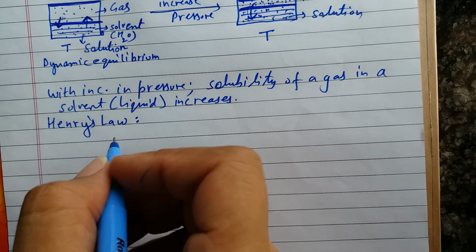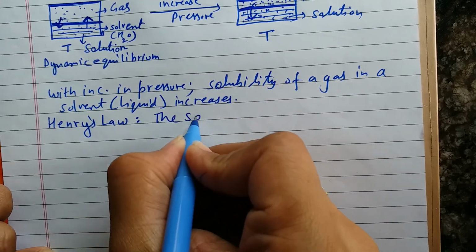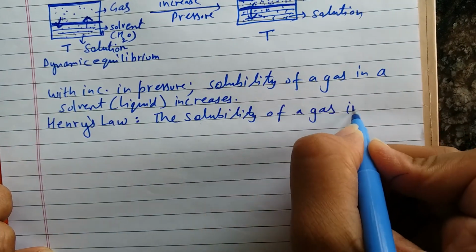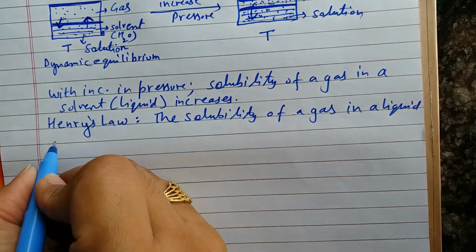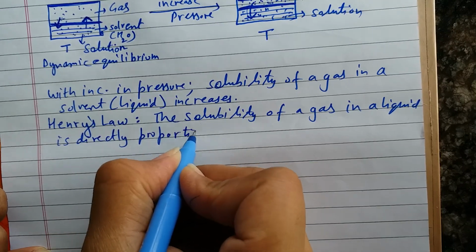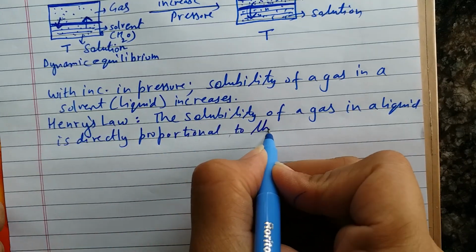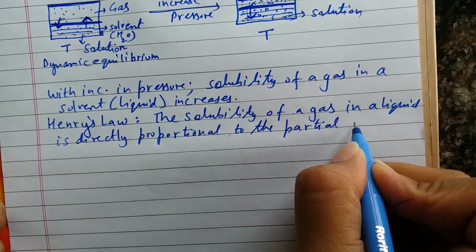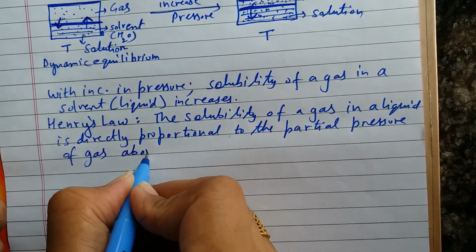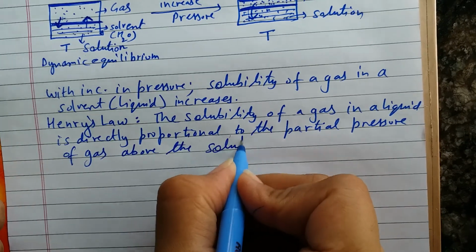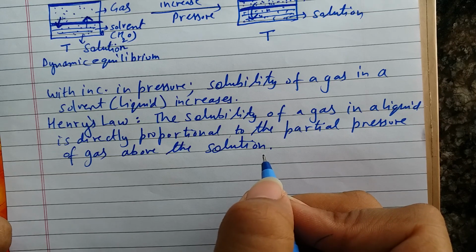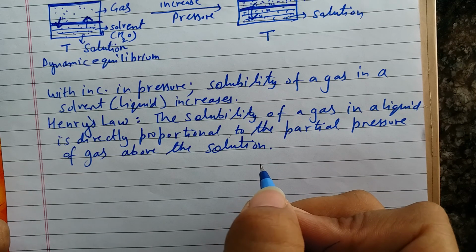As per Henry's law, the solubility of a gas in a liquid is directly proportional to the partial pressure of the gas above the solution. So as per Henry's law, the solubility of a gas in a liquid is directly proportional to the partial pressure of the gas above the solution.